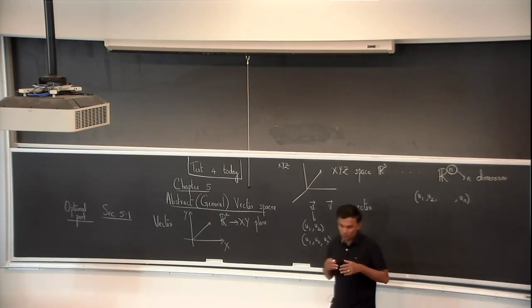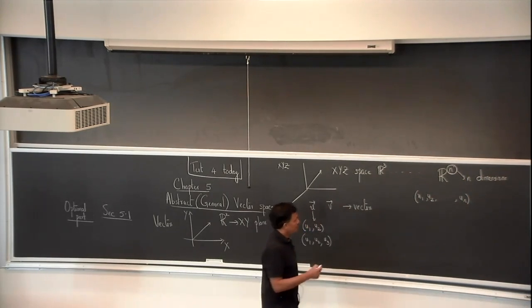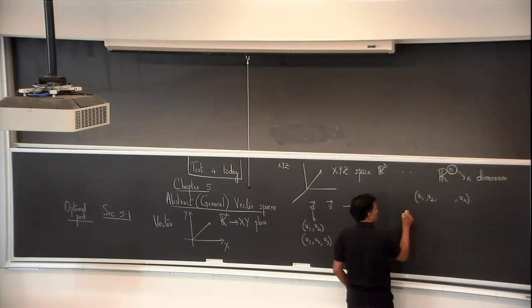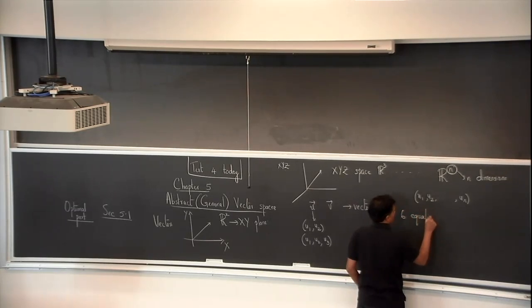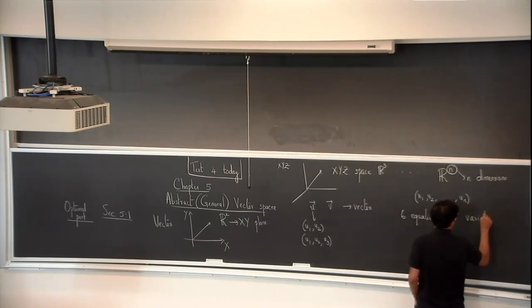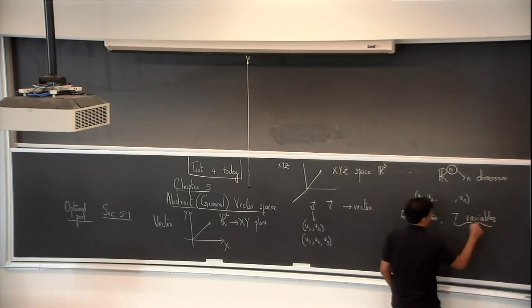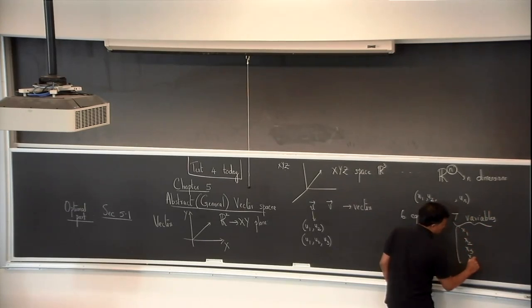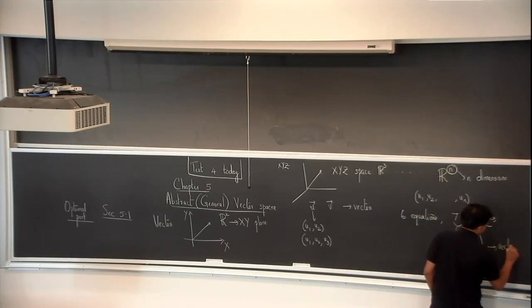We don't just use the word vector there. So when you're doing a problem with 6 equations and 7 variables, the unknowns here, x1, x2, x3, x4, x5, x6, x7, that's a vector in R7.